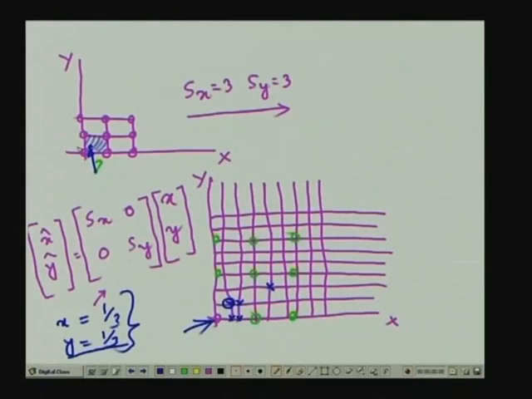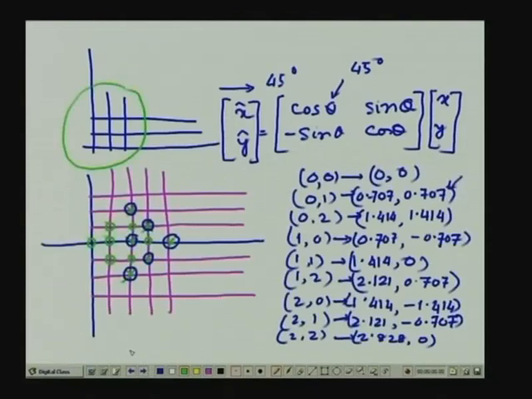And whatever value I get at this location 1 by 3, 1 by 3, this particular value has to be taken to fill up this location 1 1 in the transformed image. Similar is the case for the other transformation, that is rotation. In this case also, this rotated image we have obtained by rotating the original image by 45 degree in the clockwise direction.